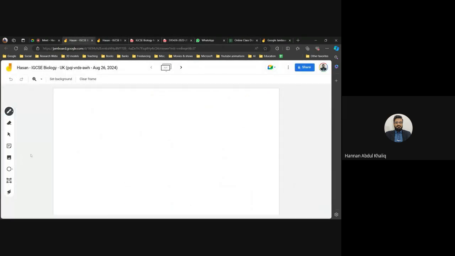Okay, moving on to the carbon cycle. Now, the carbon cycle is rather very simple, and even you can easily make it. Why? Because the carbon cycle obviously starts from carbon dioxide, and the only way to fix the carbon dioxide is through the plants performing photosynthesis.